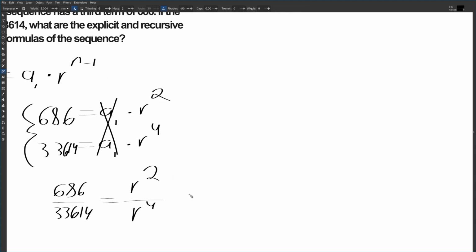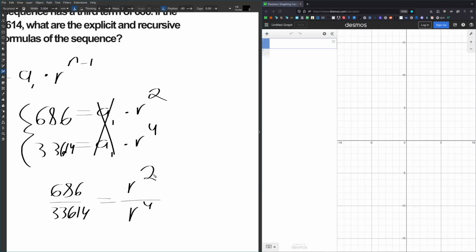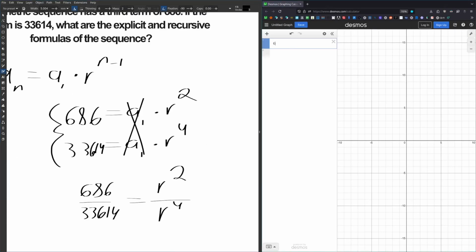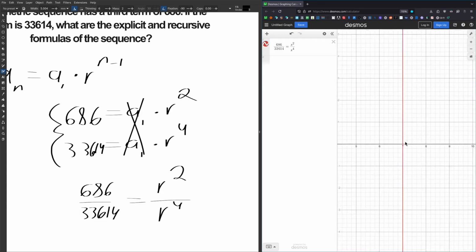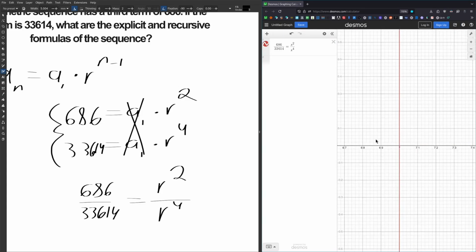Okay. And I will put this into a graphing calculator now. So 686 divided by 33,614 equals x squared divided by x to the 4th. Okay. And we get that x is equal to 7.